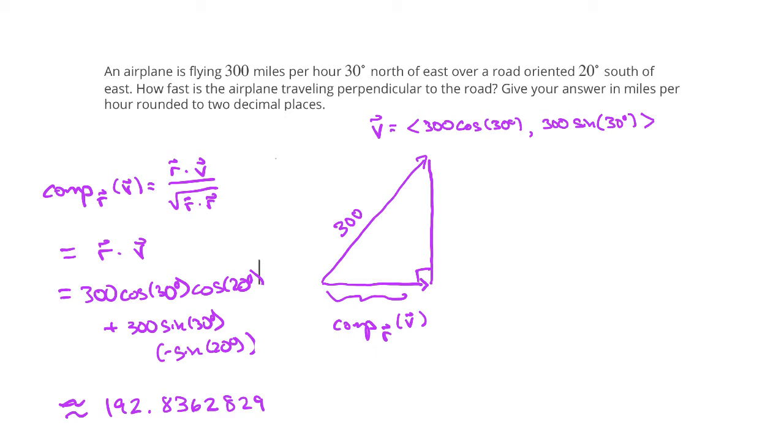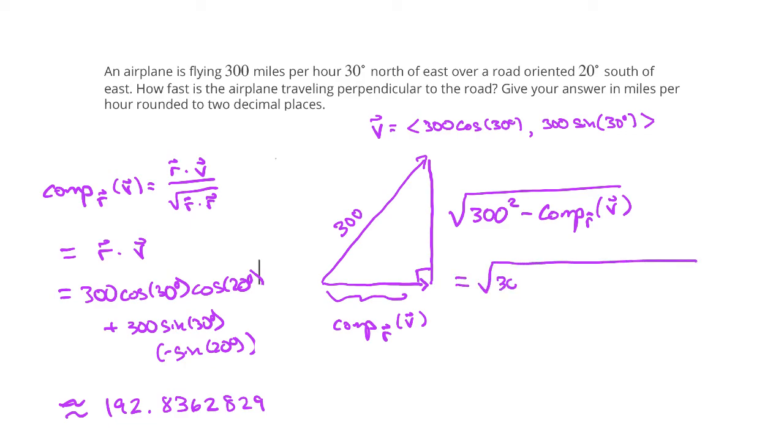And so by the Pythagorean theorem, we know that our vertical side is just going to be the square root of 300 squared minus the component in the direction of r of v squared, which is 192.8362829 squared.